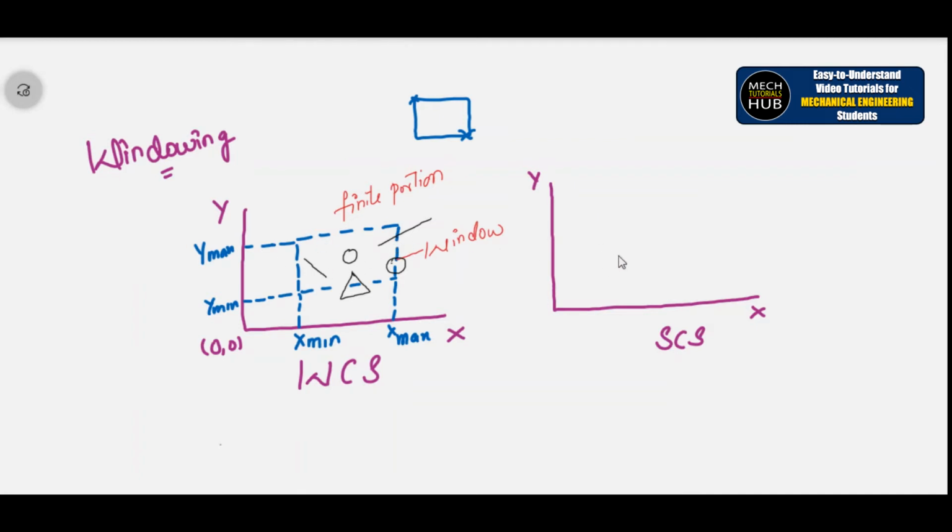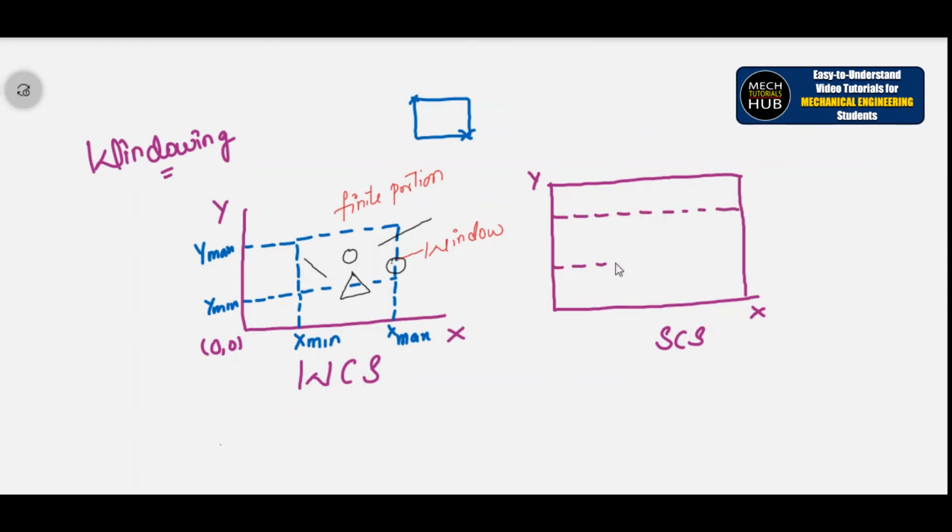So we'll compare the same scenario with respect to the screen coordinate system. Whatever you pick here in world coordinates is going to be visible on the screen. Let us imagine this as the screen coordinate system. For your better understanding, I'm going to close this as the screen. The same window we have dragged, you can see here.